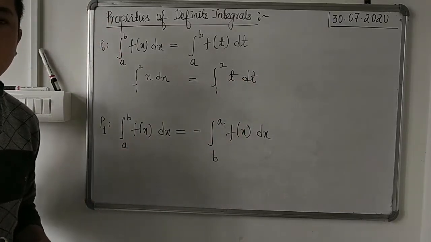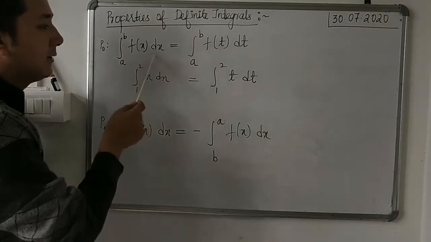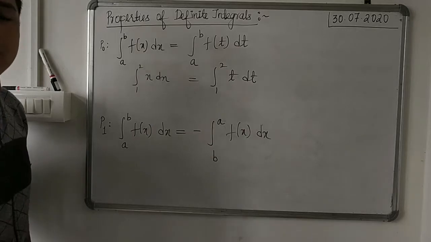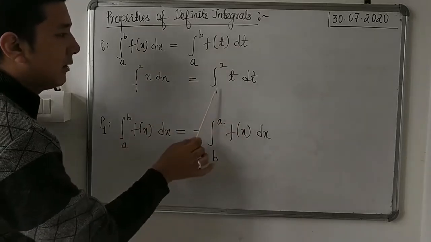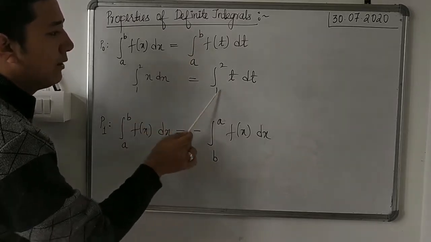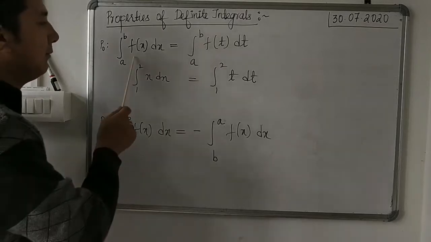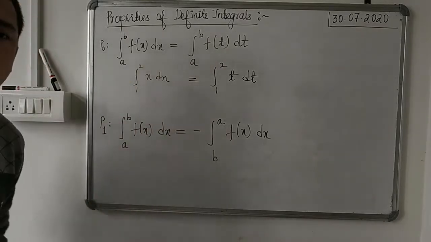Are you clear? Pause the video for a while and then think. The value for this and the value for this is always going to be the same, provided the limits are the same on both sides, a to b, 1 to 2, 1 to 2. If it is x, then dx. If it is t, then dt. The same thing is out here also. So this is your property number 0.